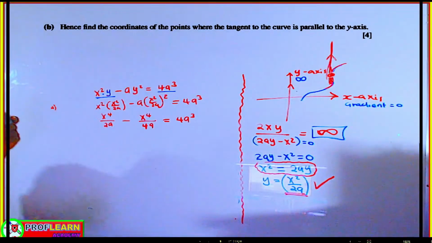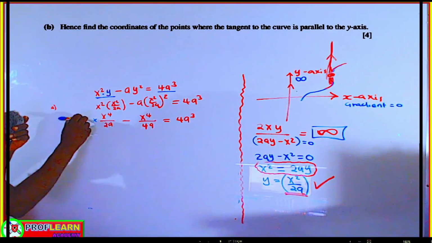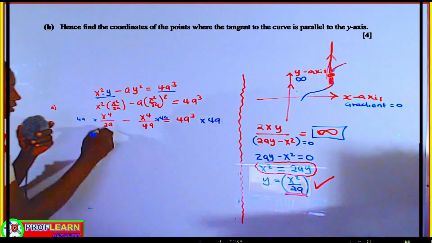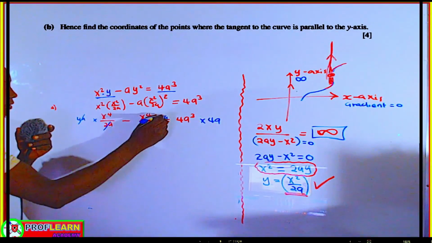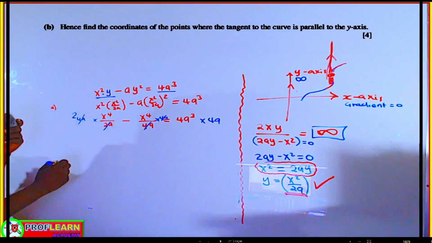So we are going to now multiply all through by 4a. I can multiply by 4a here, by 4a at this point, and 4a at this given point. This and this will cancel out, and this will cancel out. Of course, if this cancels out, we are going to remain with 2 at this given point.